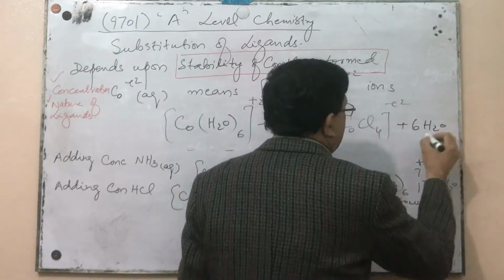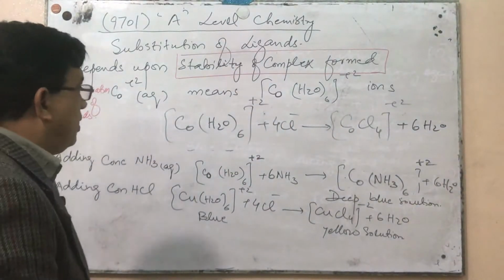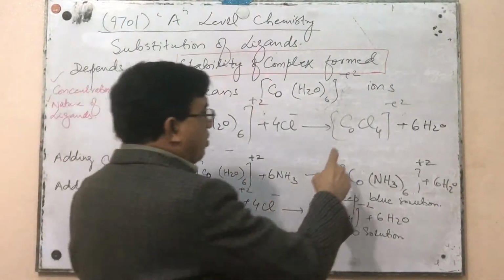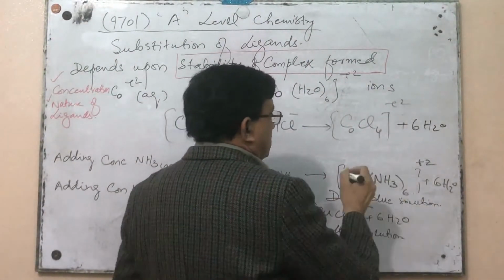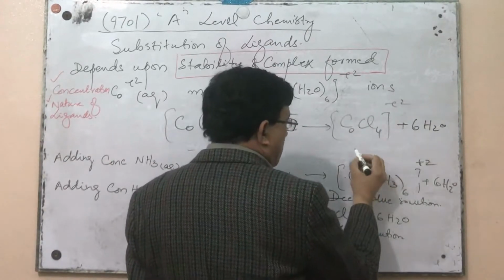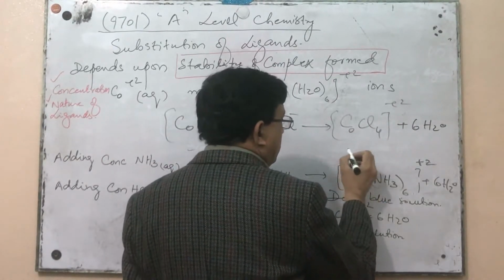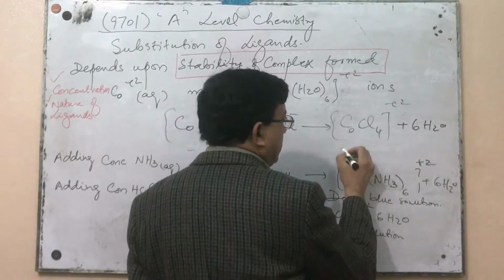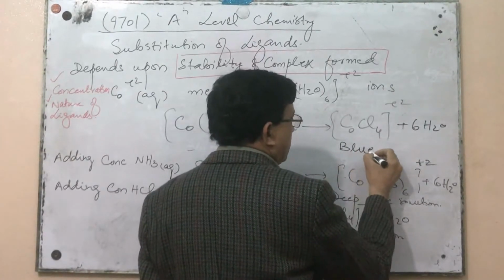This tetrachlorocobalt 2 ion, in its anhydrous form, is blue in color.